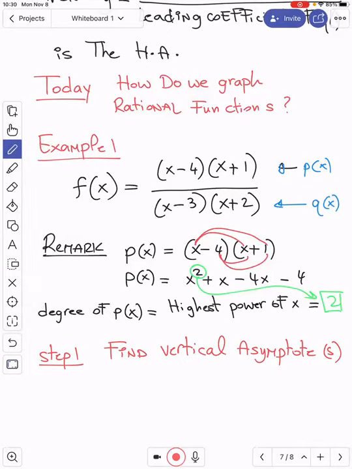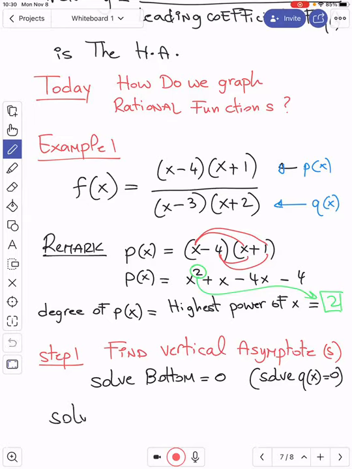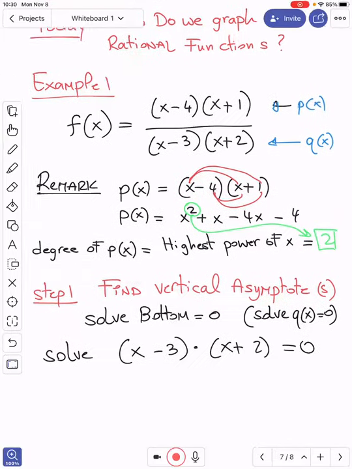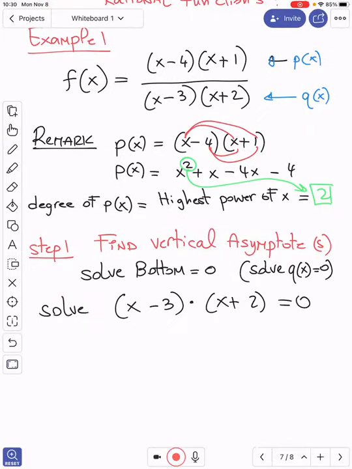To find the vertical asymptote, you need to solve the denominator Q equal to 0. So in this case, we need to solve x minus 3 times x plus 2 equal to 0.